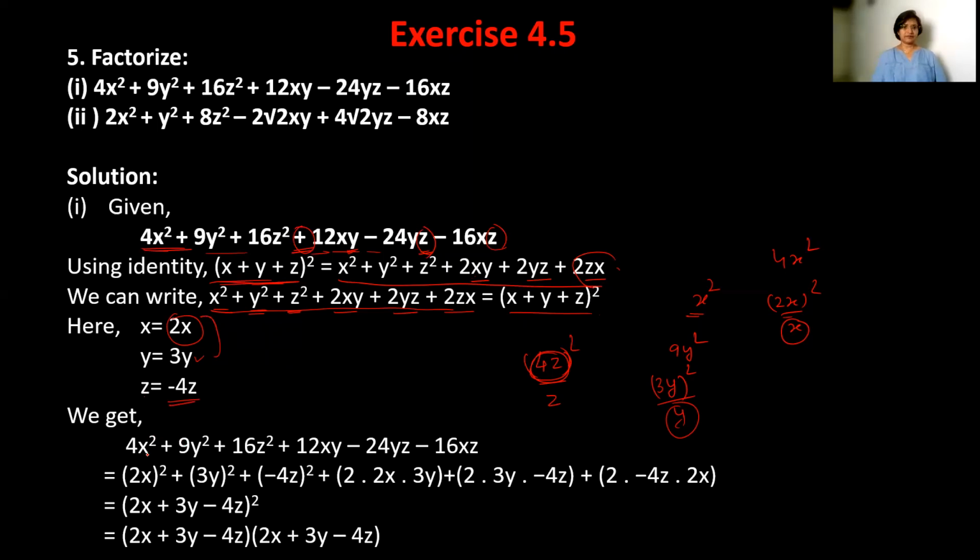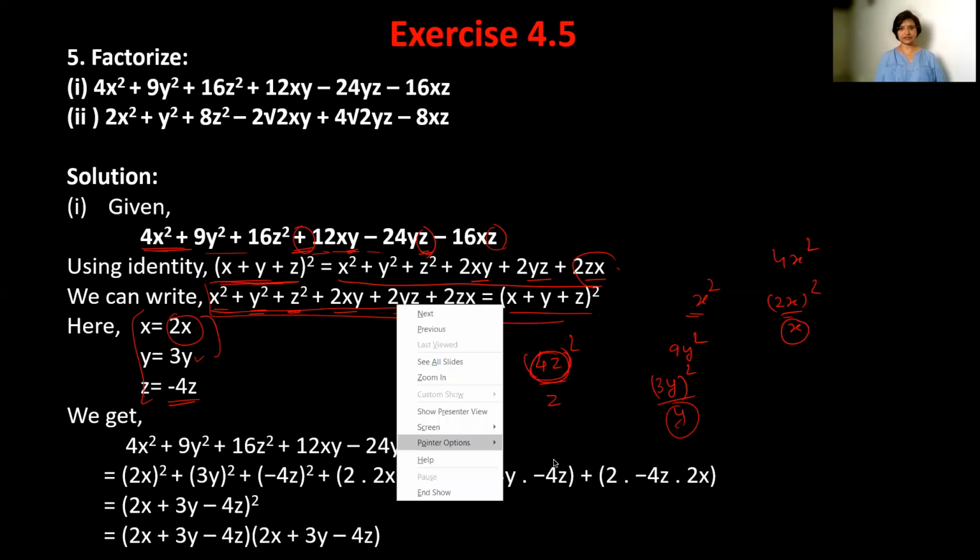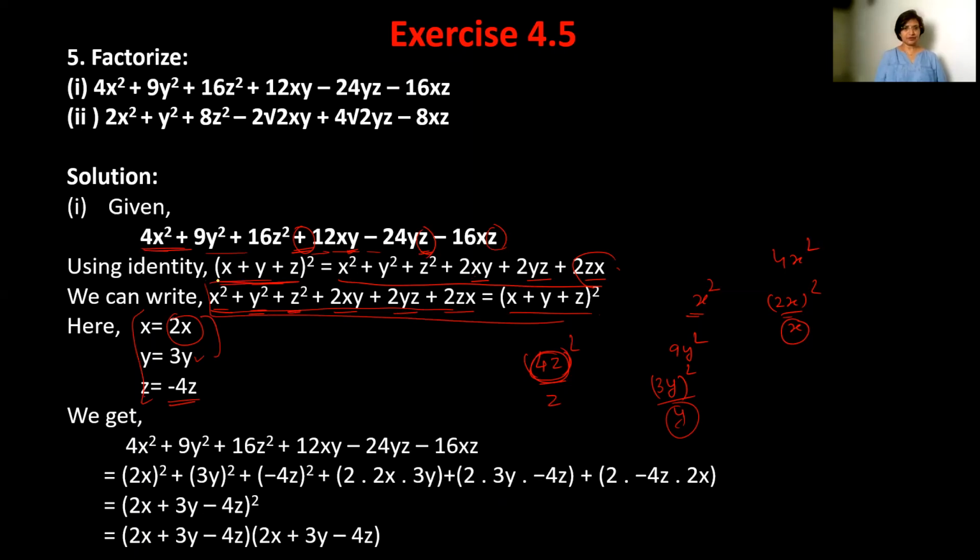So after putting these values into this expression, let me change the ink, then I will tell you which expression we are putting them in. We are putting them in this part, and we are trying to find this. So x square means (2x) whole square.